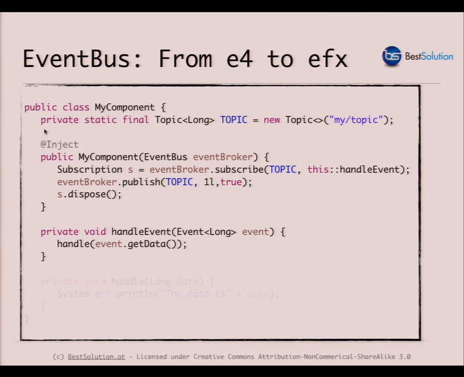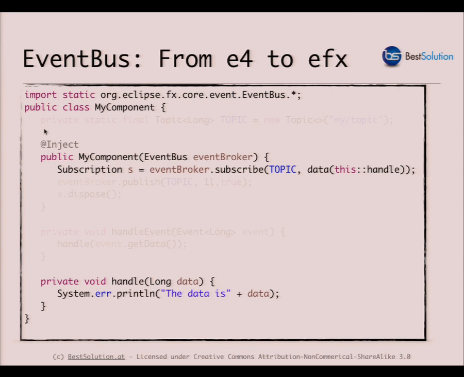Then for event handling, the same thing is true. In the simple handle event, you get an event which is typed to long. For the topic, you for sure know that the type is correct. The type system takes care of the event system, which is not possible with the default event broker from Eclipse 4.